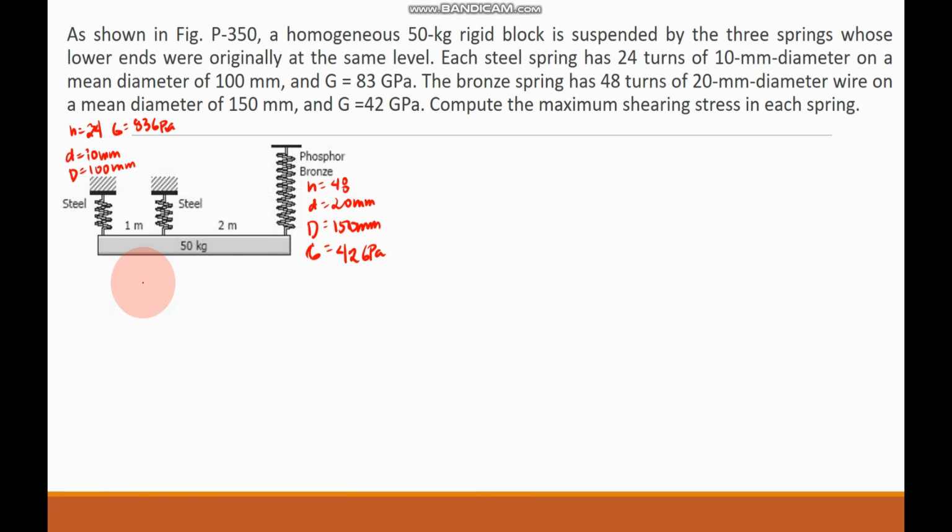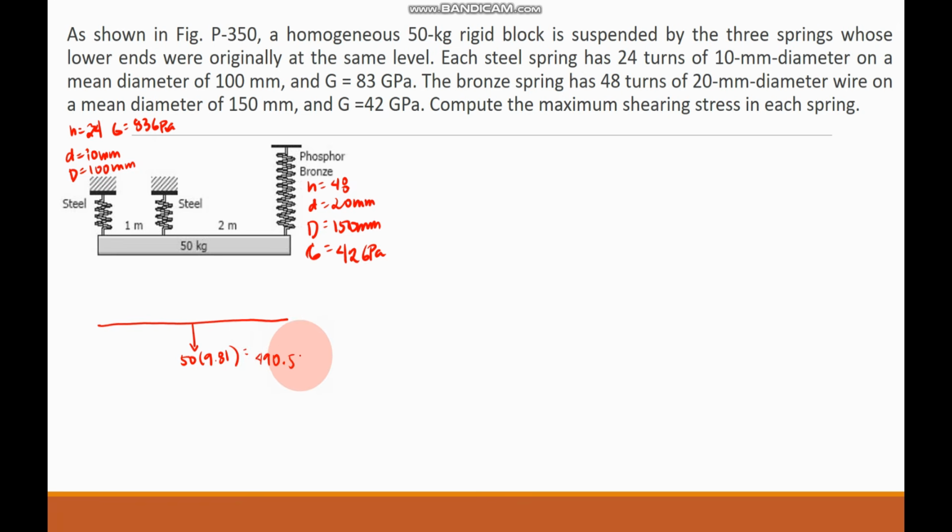So, drawing the free body diagram of this illustration, it will look like this. So, we have the 50 kilogram, in which its weight is 50 multiplied by 9.81. So, the weight of the bar is equal to 490.5 Newton.